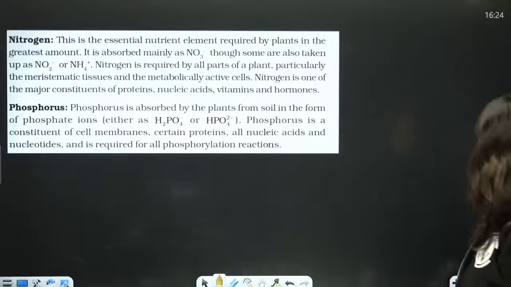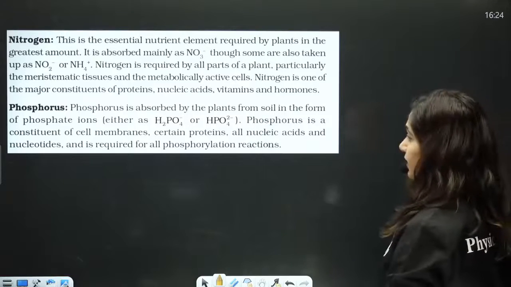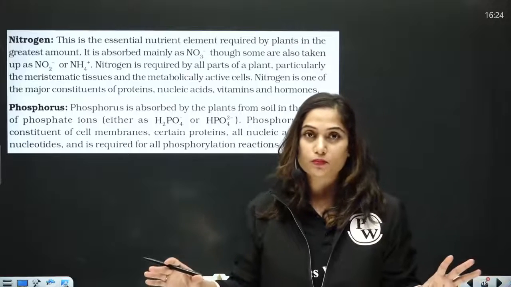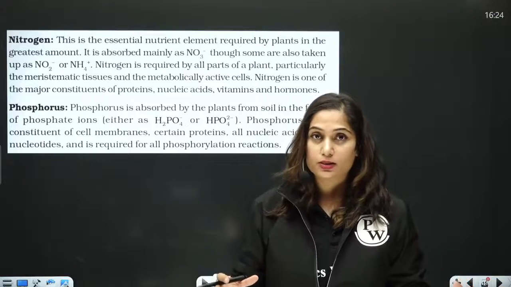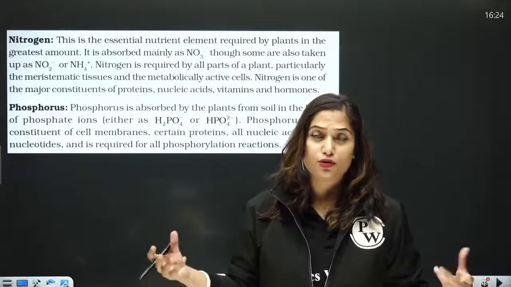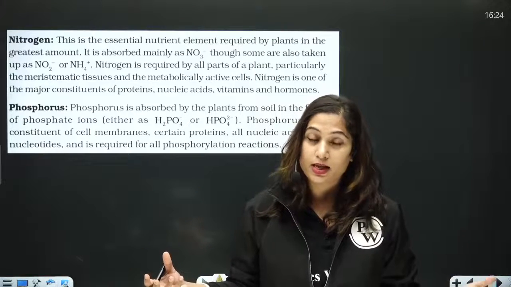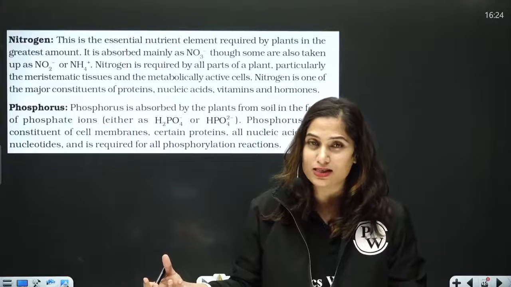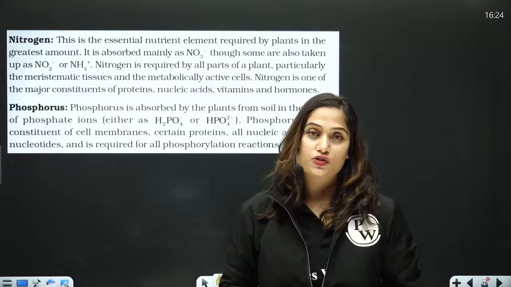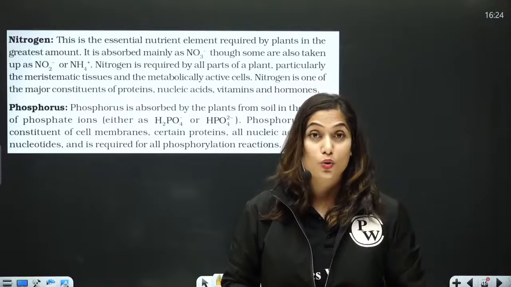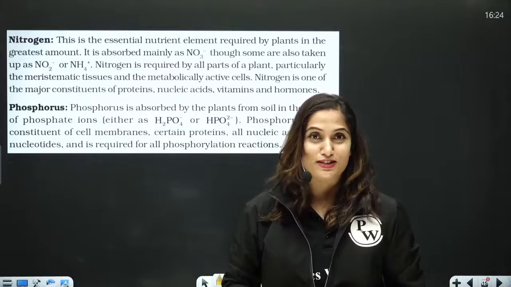Then let's move forward. Now we have understood all the things: what are the essential elements, what are micro elements, what are different kinds of roles of elements, what are the deficiency symptoms generally seen in plants, and the toxicity of micronutrients. Now let's discuss one by one the role of different nutrients present in the plant.